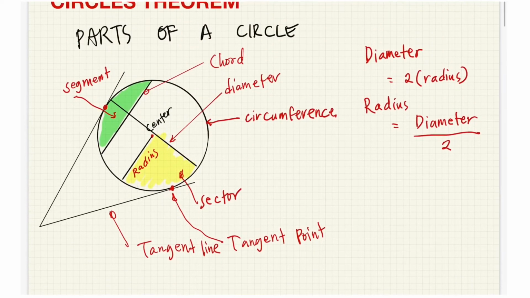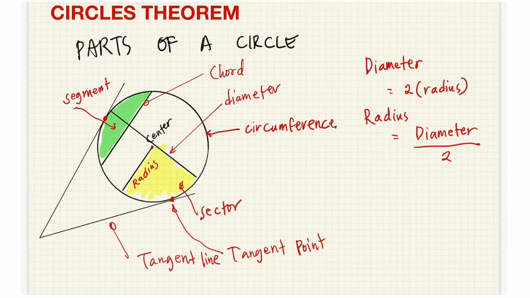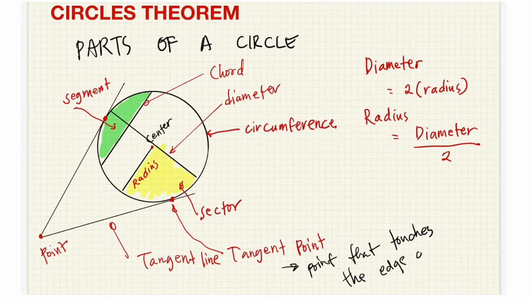A tangent point is a point that touches the edge of the circle. Remember that one always.